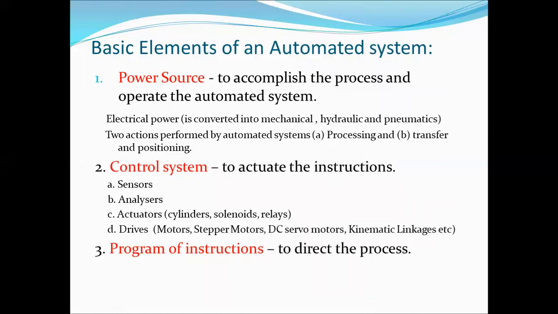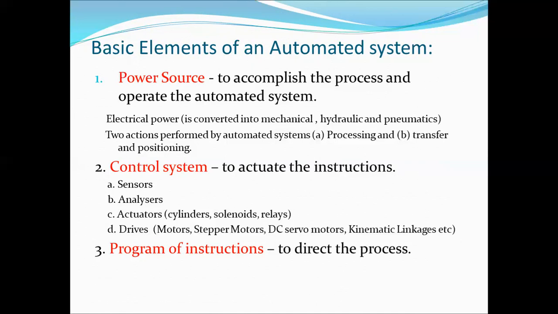Now, there are some basic elements of the automated system that we have to use. First is the power source. A power source is basically needed to run any device, whether it is mechanical, hydraulic, or pneumatic.